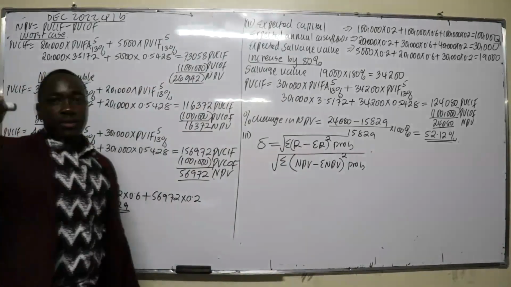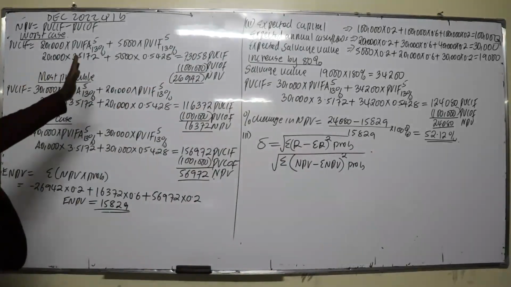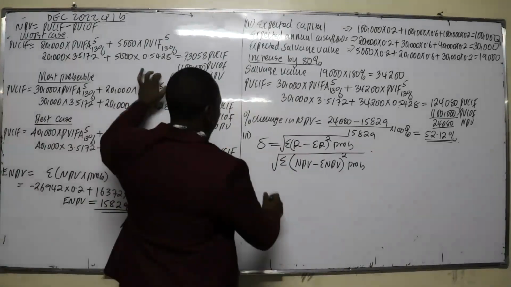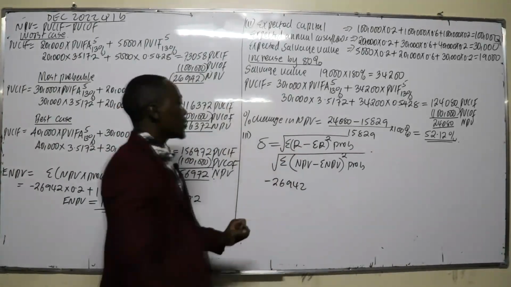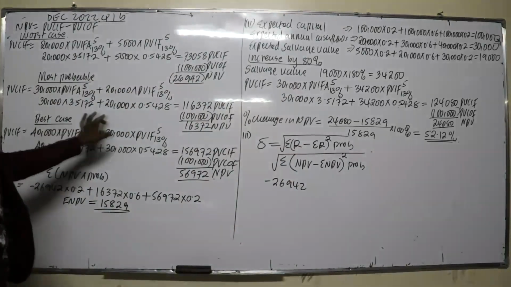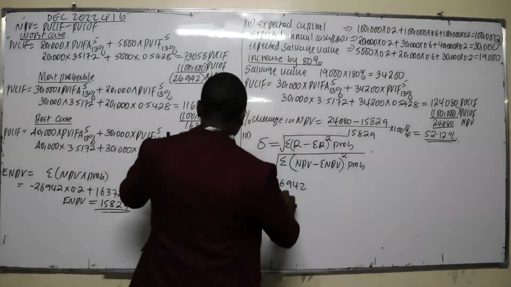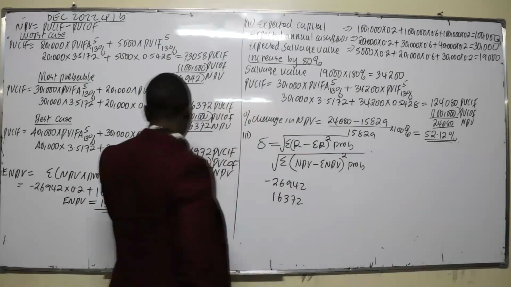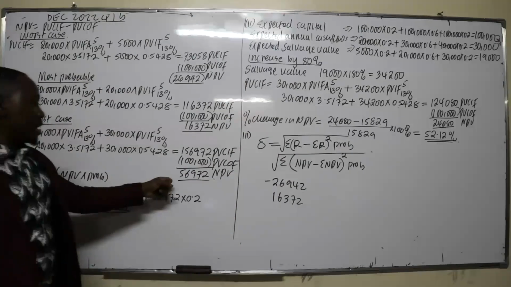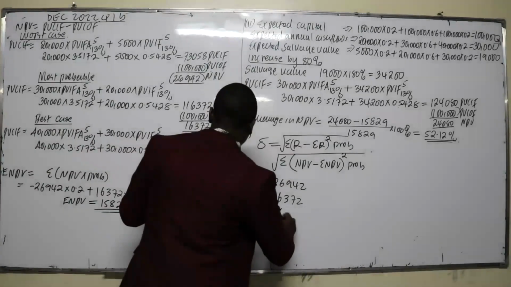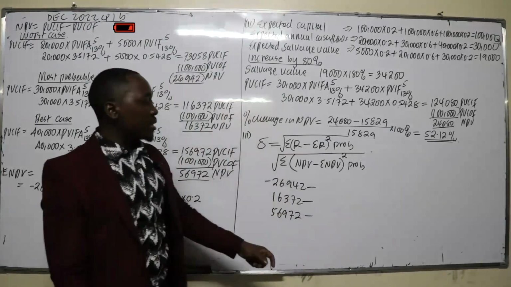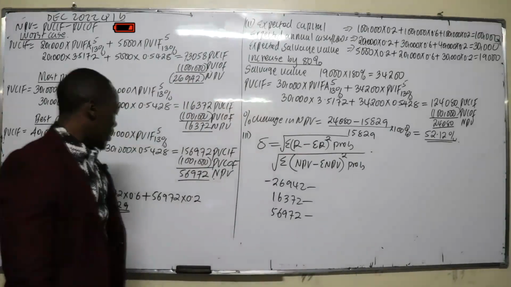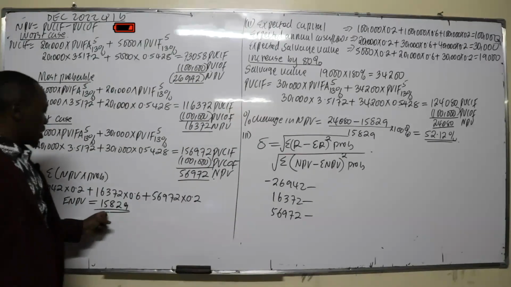We have 3 scenarios. These are the scenarios. And the worst case, the NPV was negative 26,942. And the most probable NPV was 16,372. And the best case, we had 56,972. You compare that against the average. The average is expected NPV. And the expected NPV was how much?